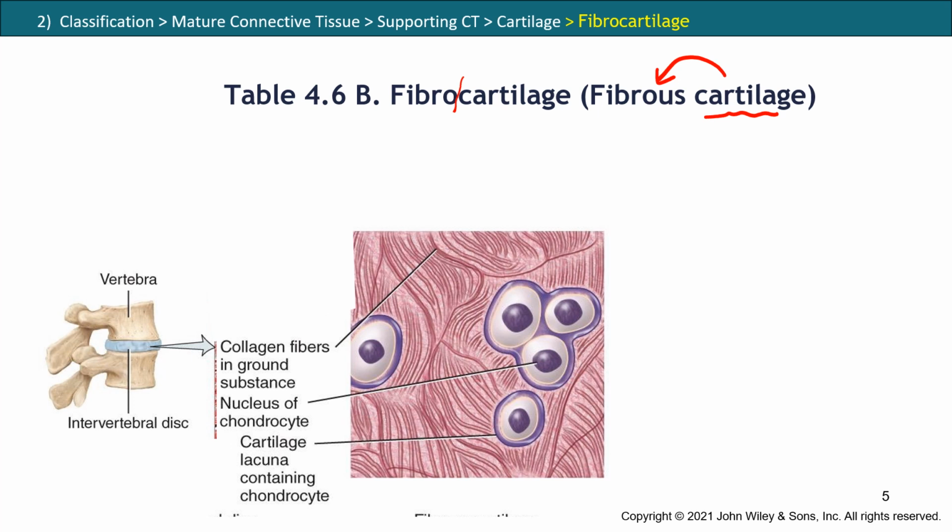And when you see the picture, you say, yes, here you see many fibers. This is the first thing that they wanted to show you here, that you have collagen fibers that are located in the ground substance. You see here again something similar to the hyaline. So you find the nucleus of the chondrocytes, and surrounding that you find the lacune.